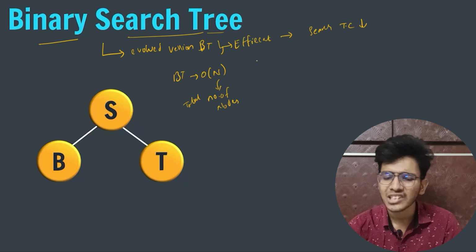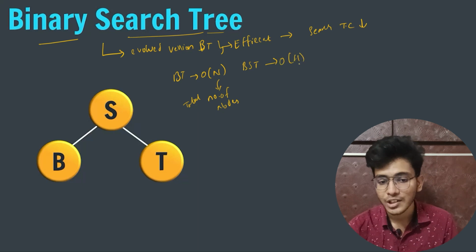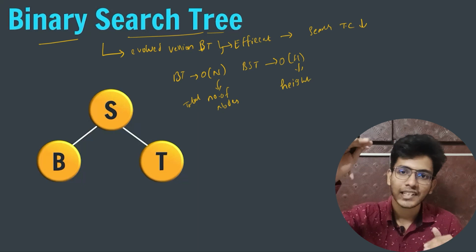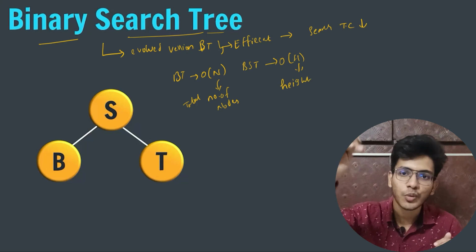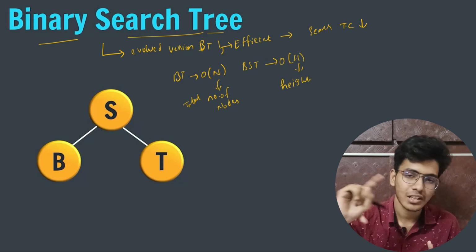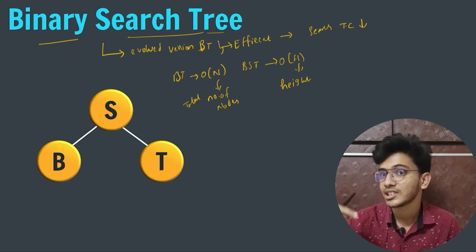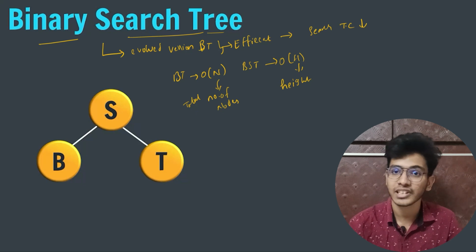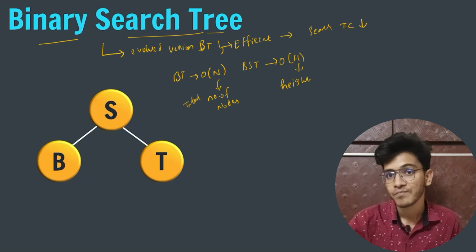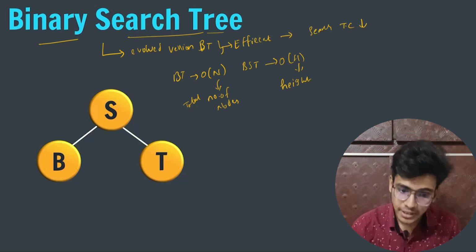Now if I perform the same operation in my binary search tree, the time complexity will be big O of h, and h is the height of the tree. So let's say the total number of levels is 3, so the height will be 3, and that height becomes my time complexity big O of h. Whereas the total number of nodes can be 50, so the time complexity becomes greater for a general binary tree when compared to a BST.